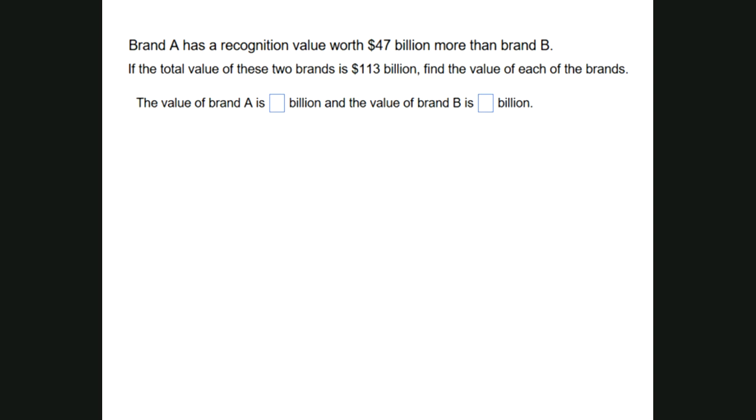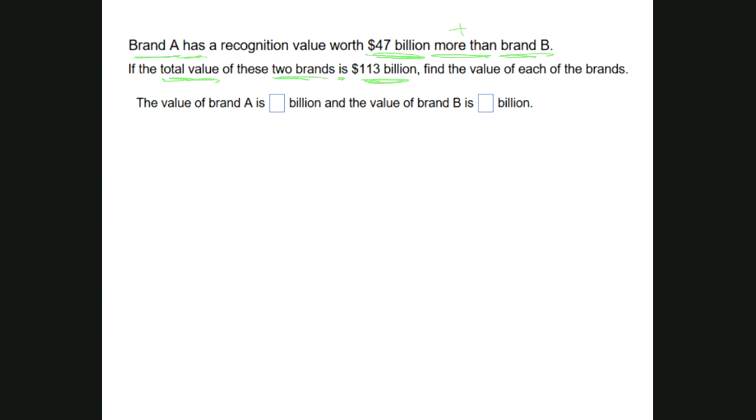Brand A has $47 billion more than, that means a plus sign right here, more than brand B. And it says the total value of the two brands is $113 billion.